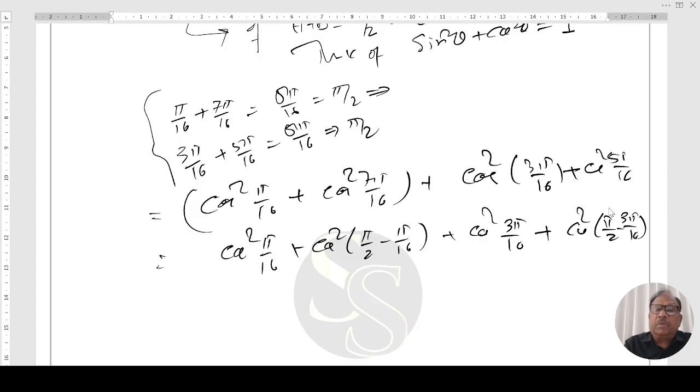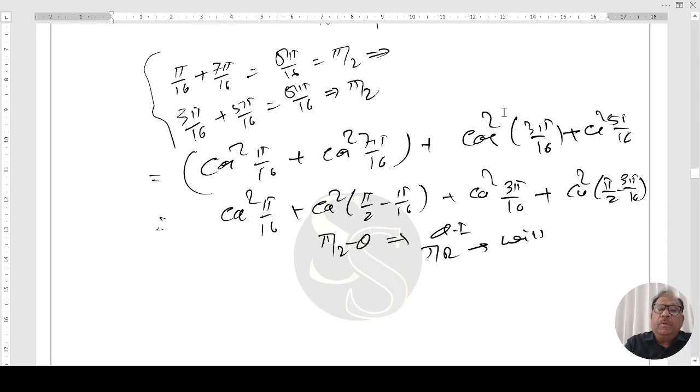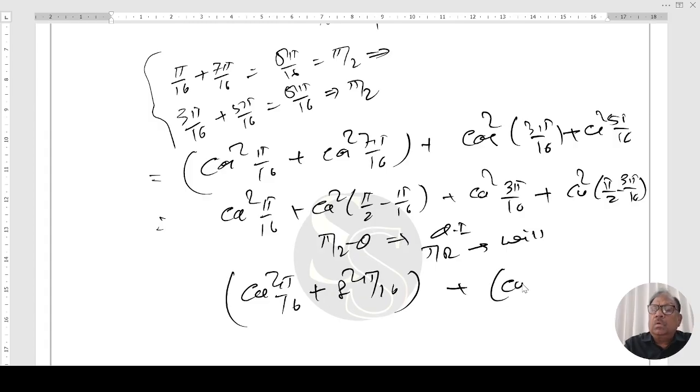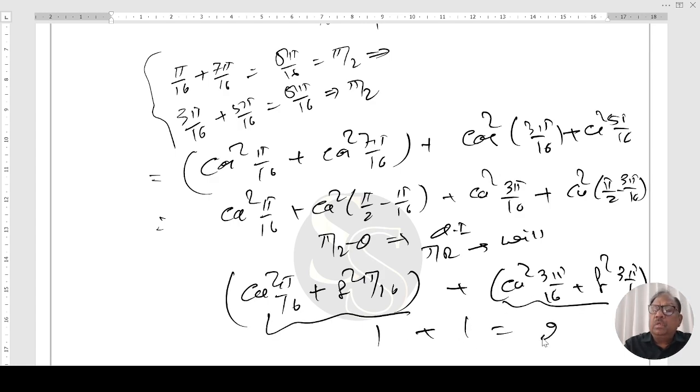Right? Pi by 2 minus theta, quadrant 1, trigonometric ratio will change sine to cos, cos to sine. This will be cos square pi by 16 plus sine square pi by 16, and cos square 3 pi by 16 plus sine square 3 pi by 16. This is 1 plus this is 1. This is equal to 2. That is the answer. Right?